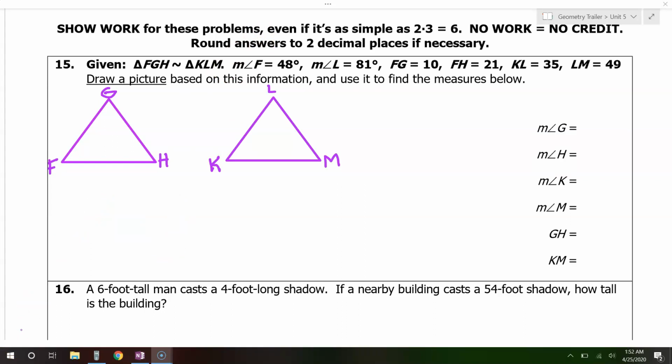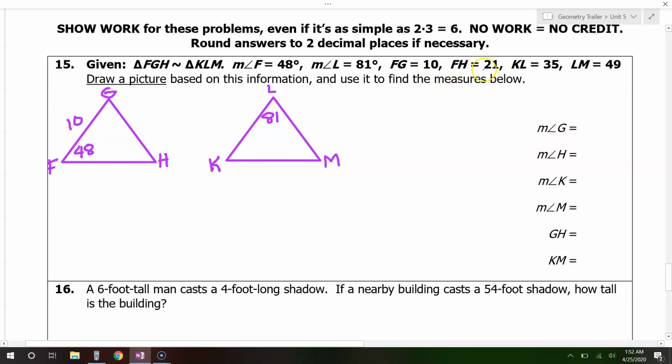All right, I decided to draw them side by side instead. So what do we have? Angle F is 48 degrees. So this is 48 right there. Angle L is 81 degrees. So that tells me I'm going to have 81 right here. FG is 10. So I'm going to have a 10 right there.